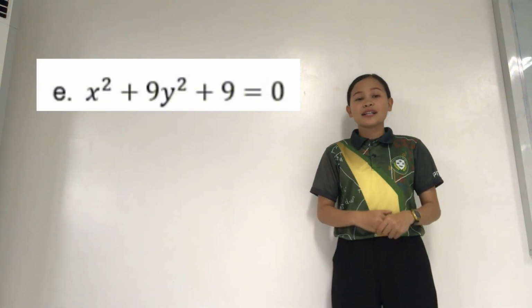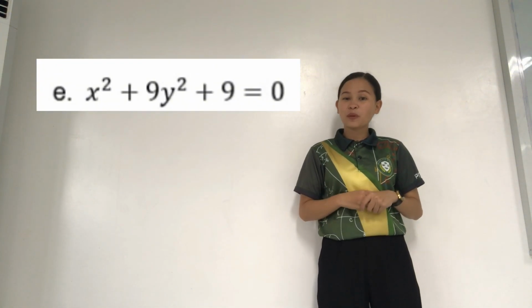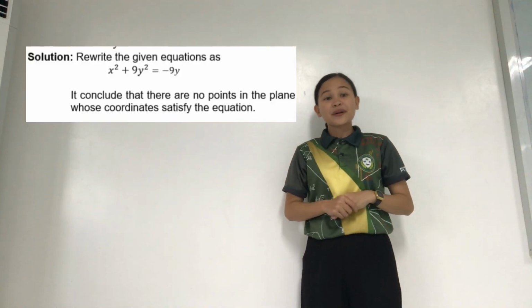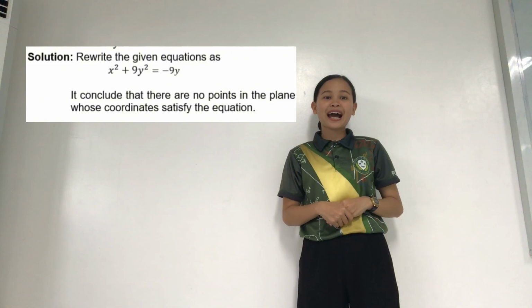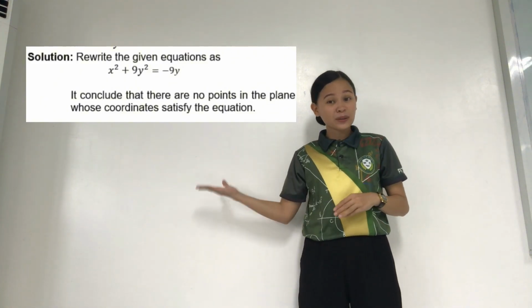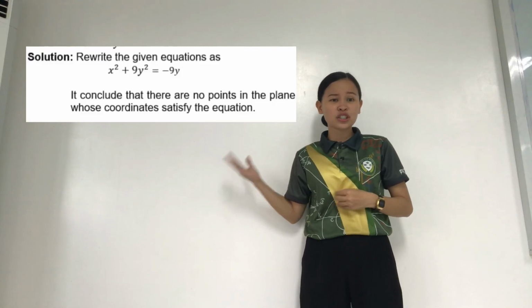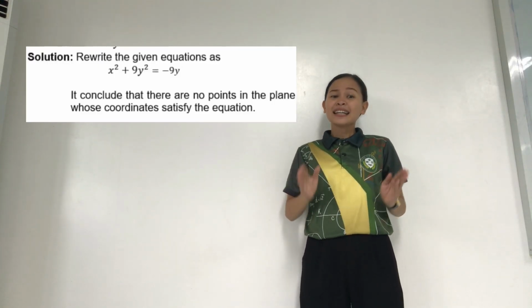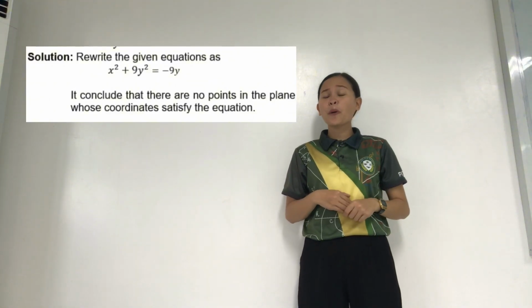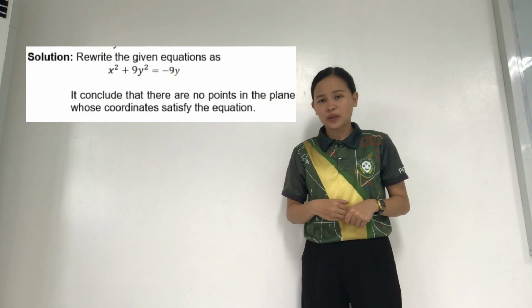How about this equation? x squared plus 9y squared plus 9 is equal to 0. Now we are going to rewrite the equation. So we have x squared plus 9y squared is equal to negative 9. What type of conic section is this equation? It means that there are no points in the plane whose coordinates satisfy the equation.